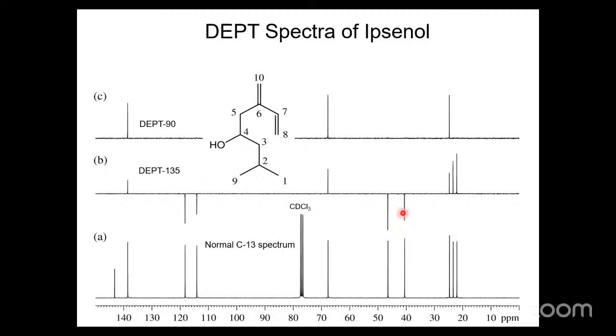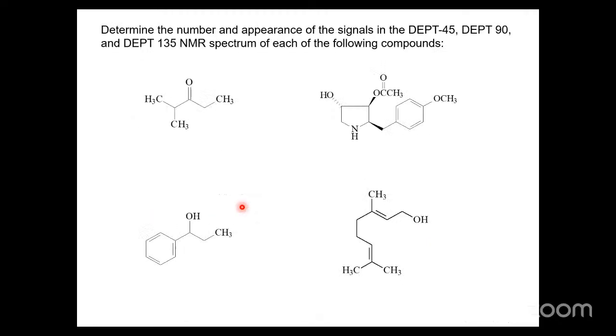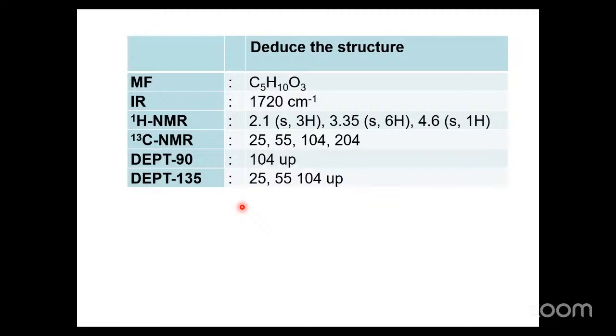So irrespective of which carbon it is, sp3 or sp2, if it is a methylene, it is coming down. You can take a screenshot of this molecule and find out the number and appearance in DEPT. Okay. So most of the things I have taken from the MSc program.